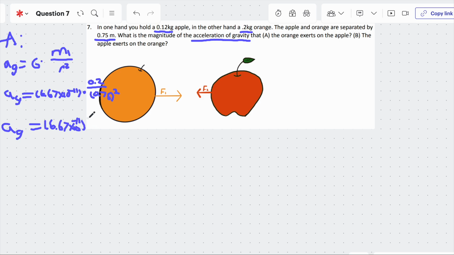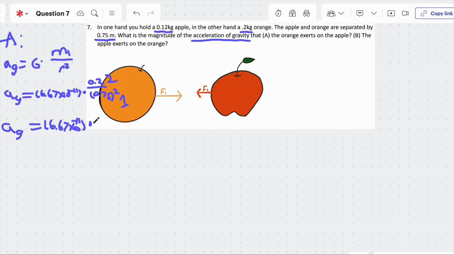Okay, so now in our calculator, if you don't know how to put this in, we're gonna do this squared first. That's gonna be our first step. And then we're going to divide the 0.2 by the answer we got for that squared as our second step.